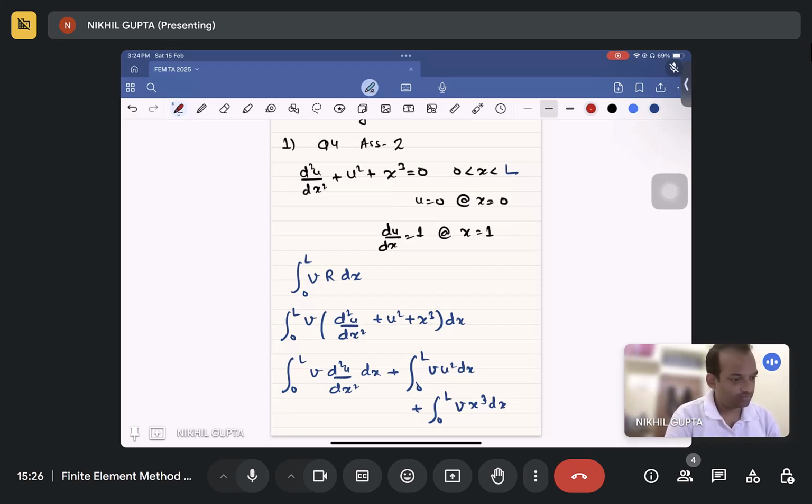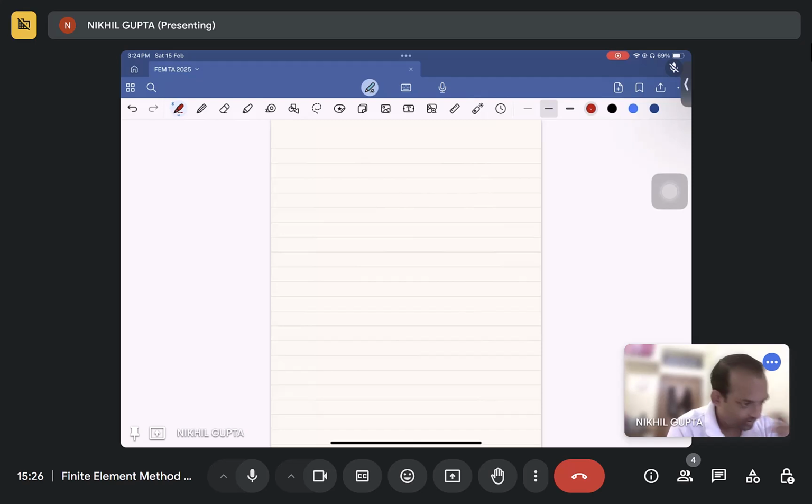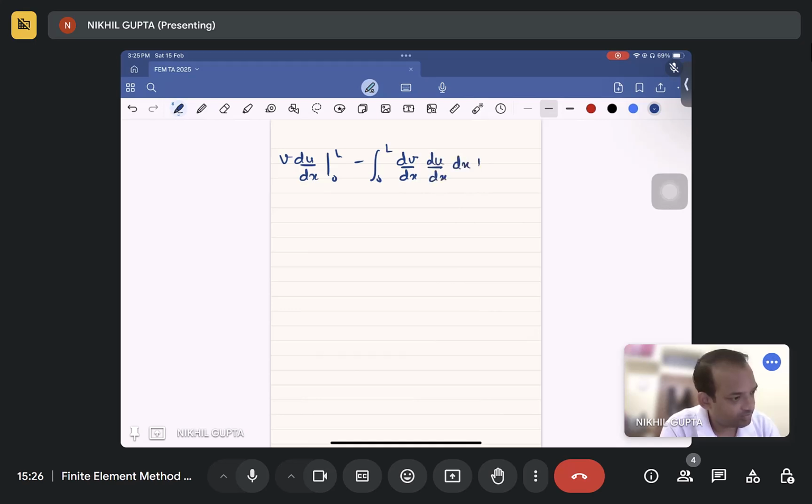Now you have to do an integration by parts of this so that the differentiability of u can be reduced. So how to reduce it? I'll do the integration by parts. So I'll get v du by dx from 0 to L minus integral 0 to L dv by dx du by dx plus integral 0 to L v u square dx plus integral 0 to L v x cube dx.